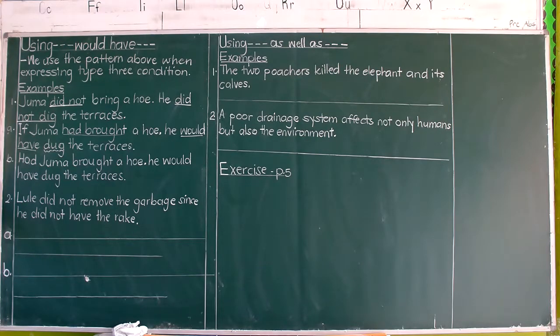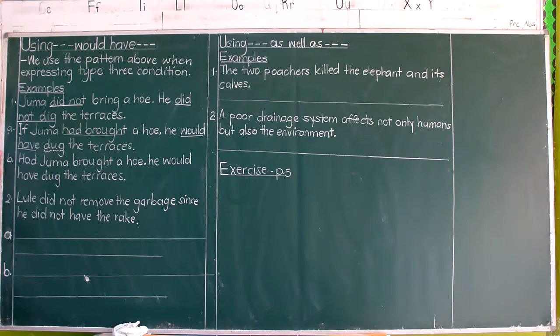So we can also begin if 3 with had, H-A-D. Yes, had, the helping verb used in the past perfect, can also begin our if 3 sentence. And we said, had Juma brought a hoe, he would have dug the terraces. So changes are only happening in the first clause.